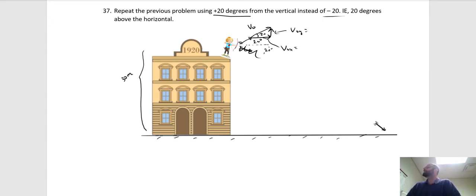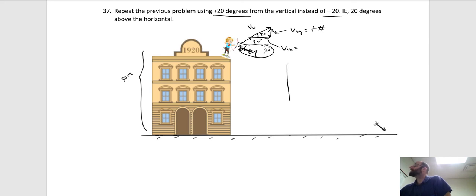And really the only difference between these two problems, like numbers 35 and 36, and this one, is that in the previous two, when the velocity vector pointed down like this, we were getting a negative number for initial velocity y direction. Here, it's going to be a positive number.